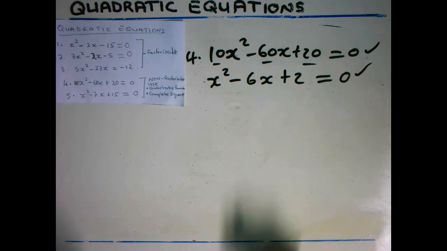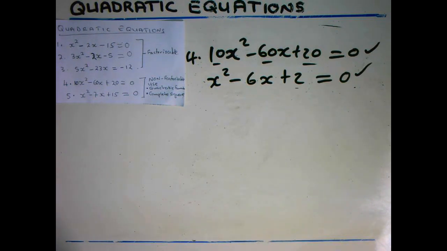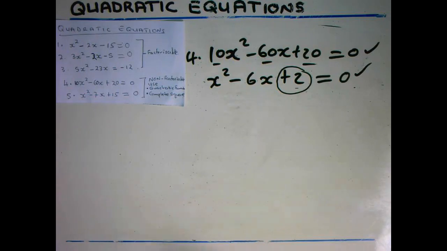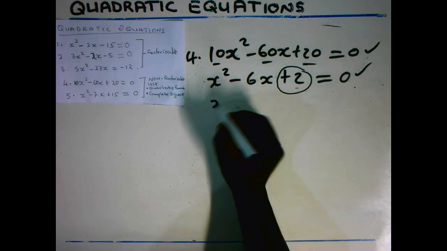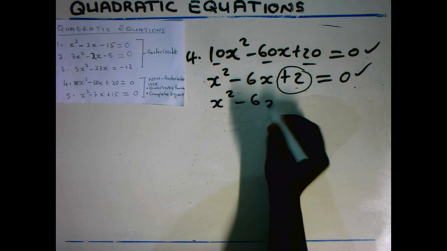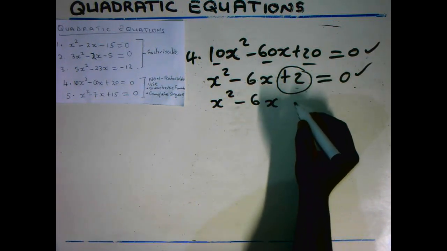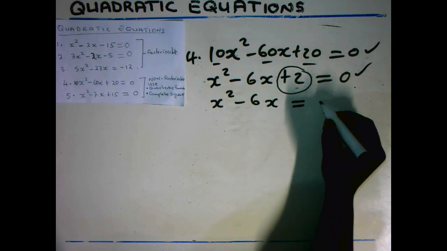But what we do, we subtract to both sides. In other words, we don't want this constant term to remain on our left-hand side. So we subtract it from both sides so that we have x squared minus 6x. When we subtract here, it disappears. It will be 2 minus 2, but 0 minus 2 will become minus 2.